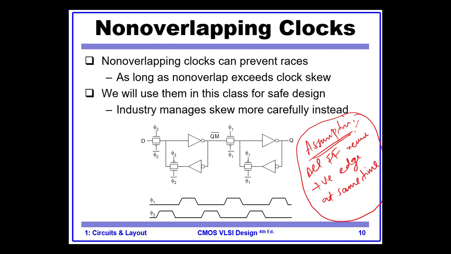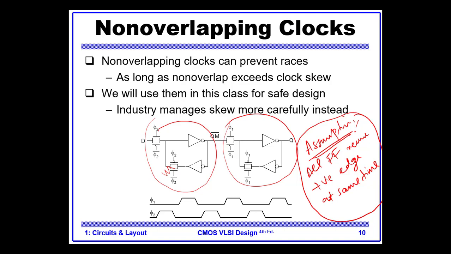So one very simple solution is that we consider all the clocks non-overlapping. For example, the master and slave flip-flops are out of phase, so when one is low the other is high. In that case we are using two different clocks, not connected with a NOT gate, with a phase difference, so it reduces the chances of clock skew.